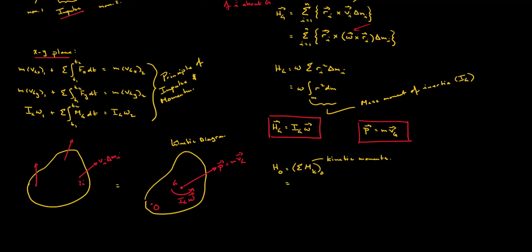So perhaps it'll be better if I draw this over here. So let's say we have a point O over here, and this distance here we'll call this r_G. So if we take the kinetic moments, what do we have? We have I_G omega plus the moment due to the linear momentum. So we're going to have m v_G multiplied by r_G, the moment arm.